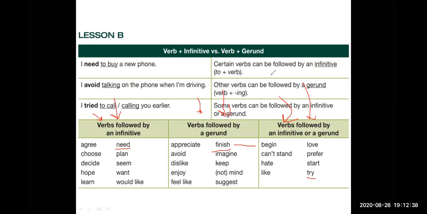I love when, no. I love her calling me. Maybe. Okay, the problem is, Edison, when we use this kind of verbs, most of the time we use the verb and then right away the infinitive or gerund. Okay, we don't say, I love when she calls me.